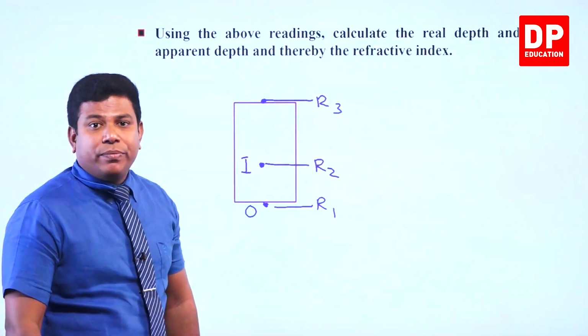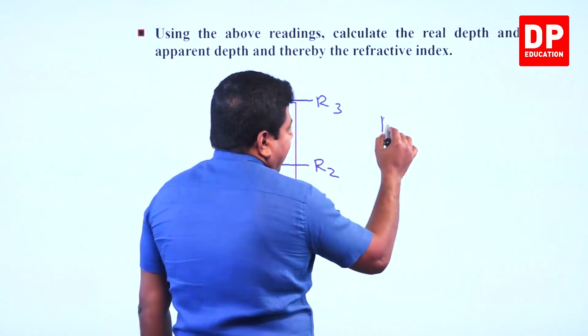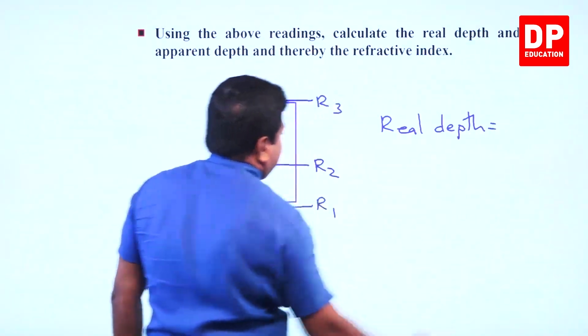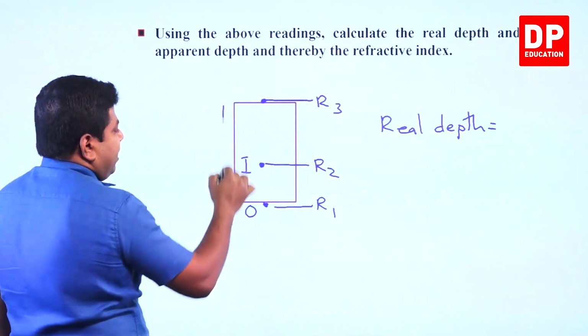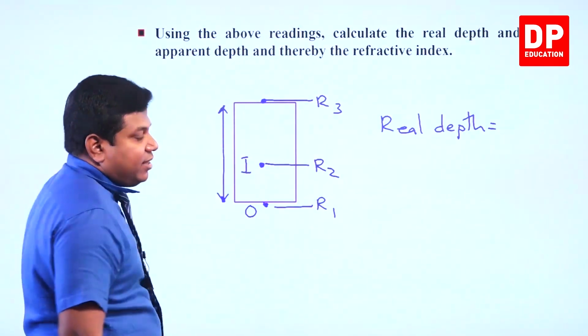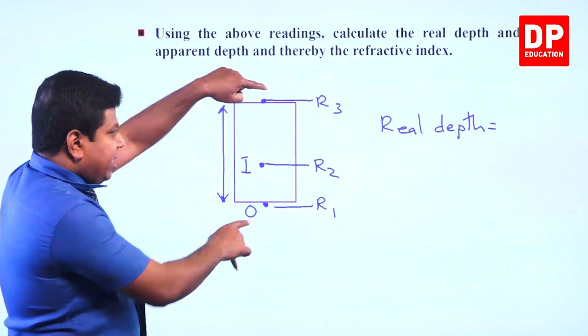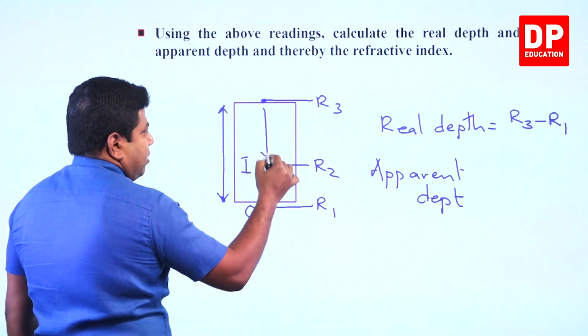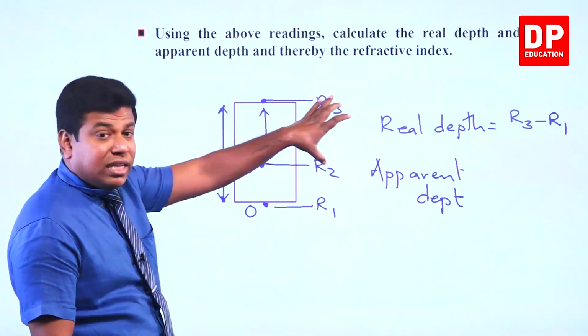R1, R2, R3. If you want to get the real depth, that is the R3 and R1 difference. This is what the real depth is. I have explained that in the theory. So real depth has to be the R3, R1 difference. Apparent depth: what is apparent depth? Where the image is. This gap, which means R3, R2.